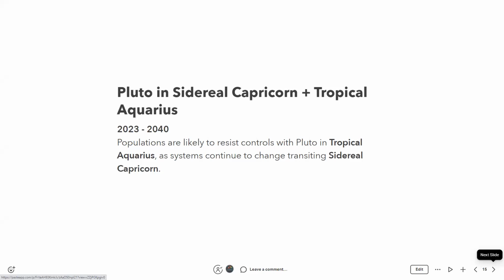So Pluto in Sidereal Capricorn and tropical Aquarius. From 2023 to 2040, this is now when Pluto will be in tropical Aquarius, but will be in Sidereal Capricorn at this time. So you have to look at both, therefore. Well, you don't have to, but I believe it's really helpful to look at both at the same time.